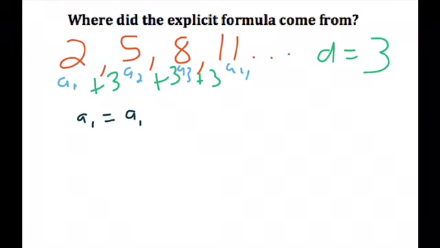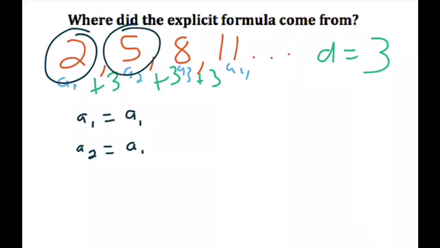Okay, now we're going to look at the next one here, which is a sub 2 equals. Well, how do I get from a sub 1 to a sub 2? So how do I get from here to here? Well, you can see I just add 3, which is D. So I'm going to add D to get there. Okay, then after that, I'm going to say, well, if I want a sub 3, how do I get from a sub 1 to a sub 3?